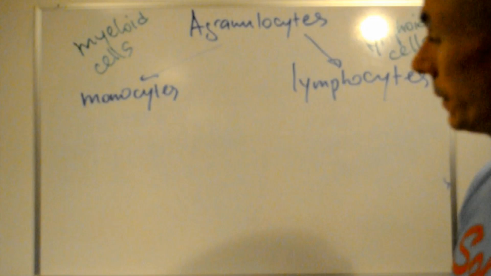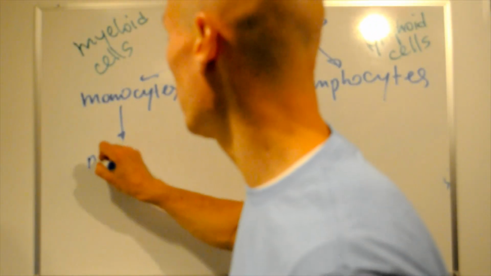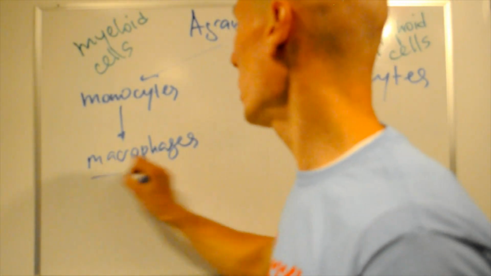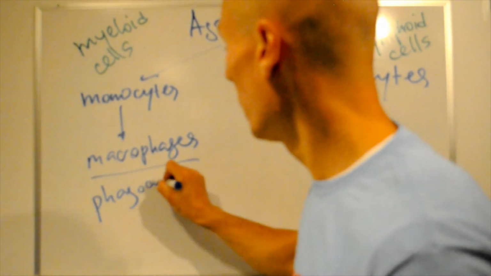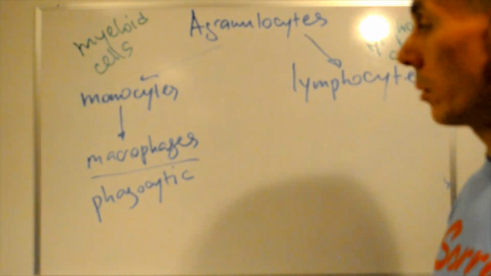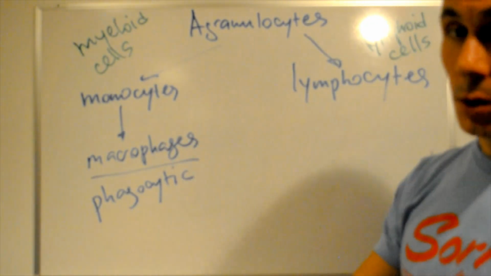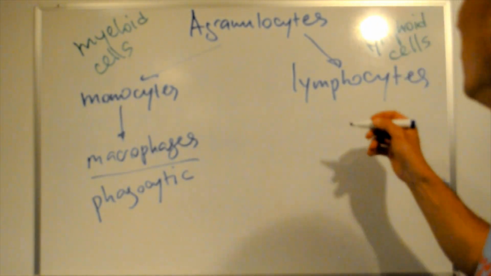Monocytes respond to inflammation and they differentiate into macrophages, which are the main phagocytic cells of our immune system. Macrophages migrate into the tissue from the blood and destroy pathogens or debris or whatever.